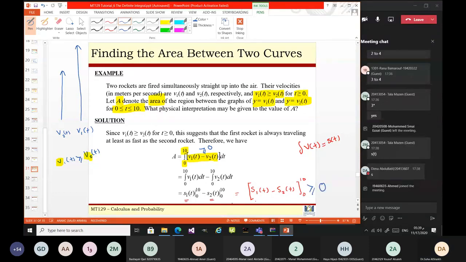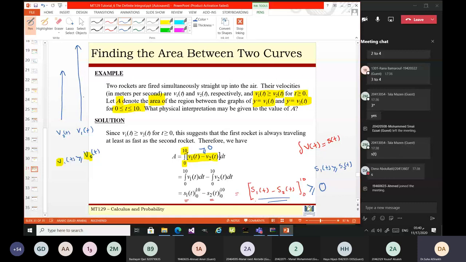Isn't v1 of t basically greater than v2 of t? So v1 of t minus v2 of t is positive, so the integration of it is again positive. So what does it mean? It means that S1 of t is greater than or equal to S2 of t.